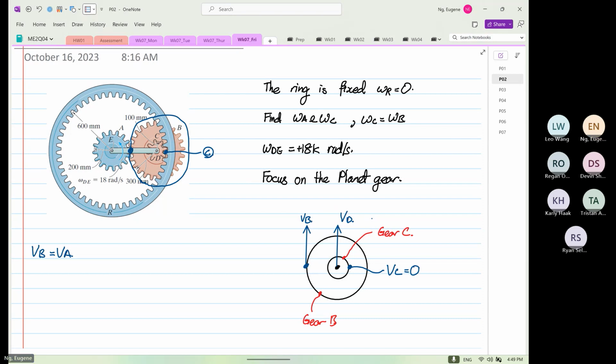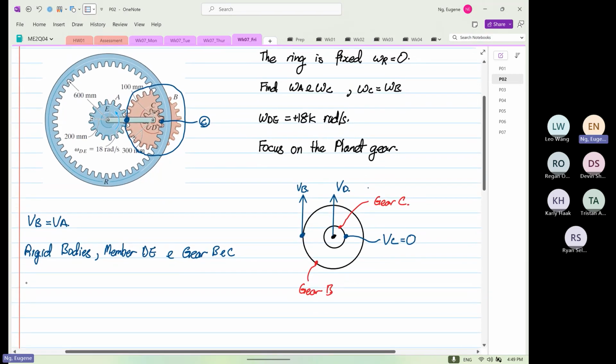For this case, the rigid bodies are member DE and gear C, gears B and C. These are your rigid members. So let's focus on member DE.